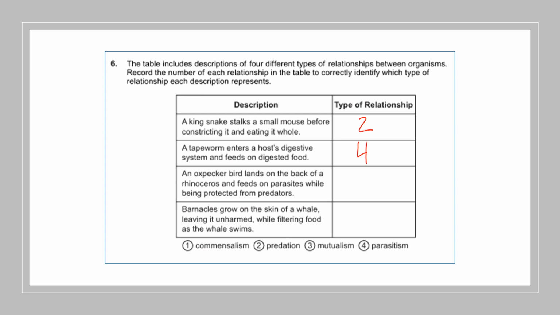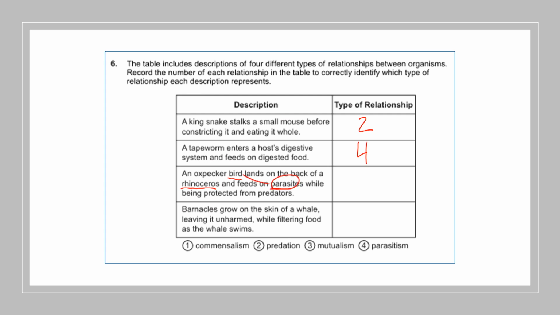An oxpecker bird lands on the back of a rhinoceros and feeds on parasites while being protected from predators. Okay, so this one's a little tricky. Let's kind of think our way through it. So we've got this bird, and it likes to sit on the back of these rhinos. The bird eats the parasites that are on the rhino's back.